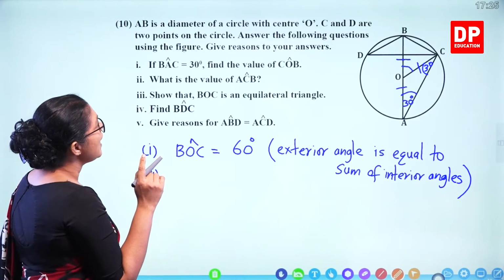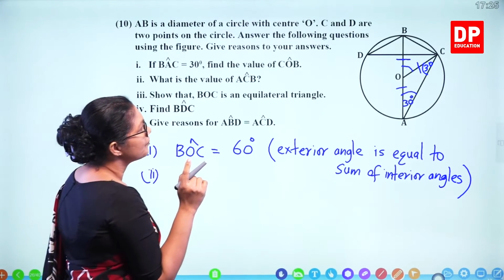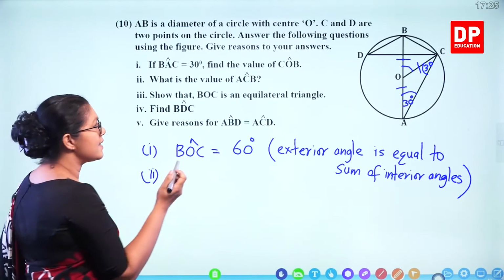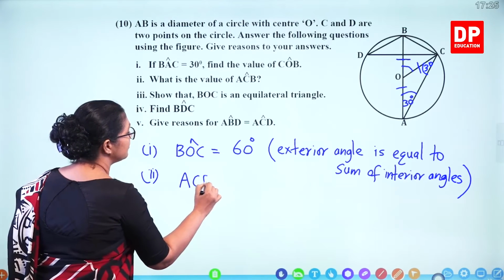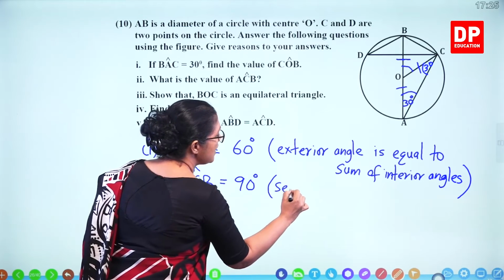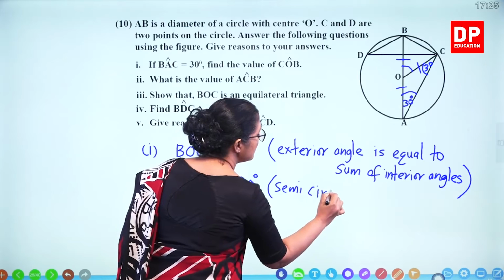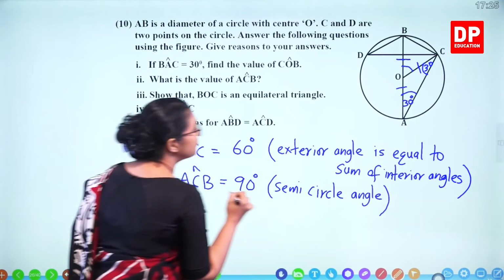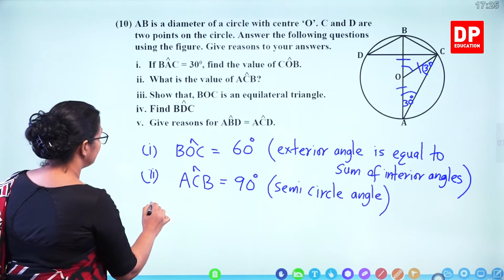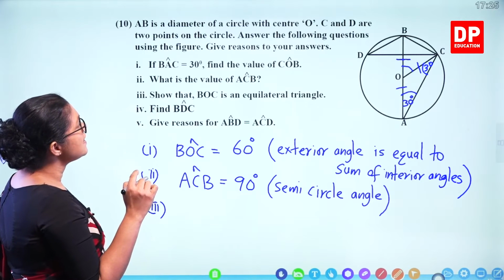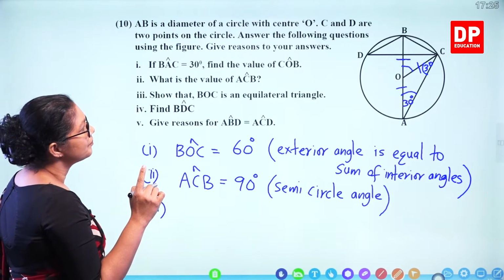What is the value of ACB? That's a semicircle angle. That's 90 degrees. Semicircle angle. Show that BOC is an equilateral triangle.